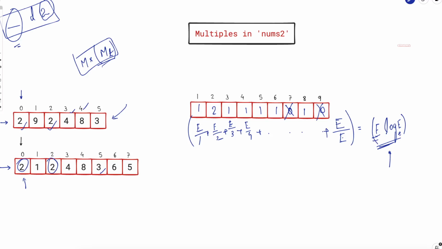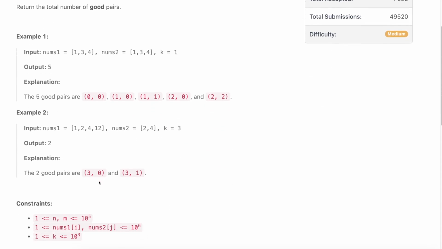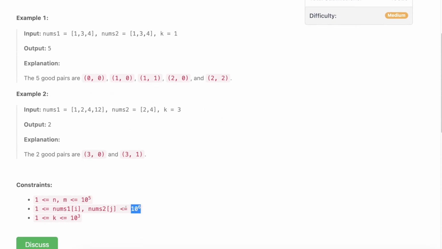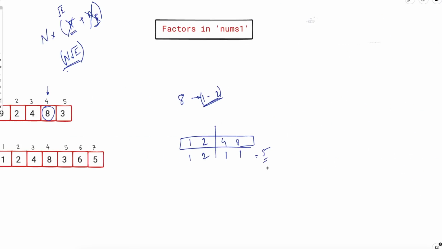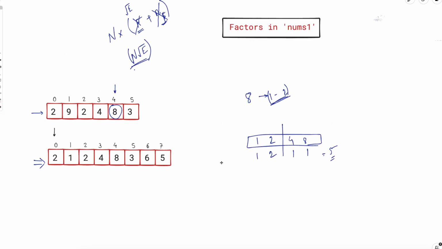If you multiply everything by k here, this E will go up to 10 power 9. So either you can keep a hash map instead of an array here, or you can simply divide by k for each of these elements. Both of them are fine, and you can do the same for this part as well, right?